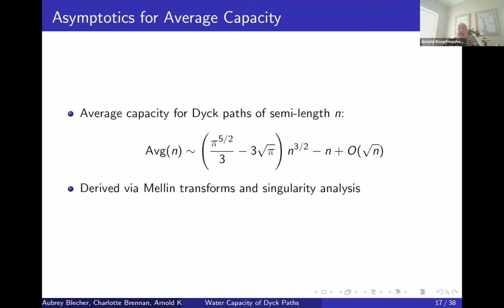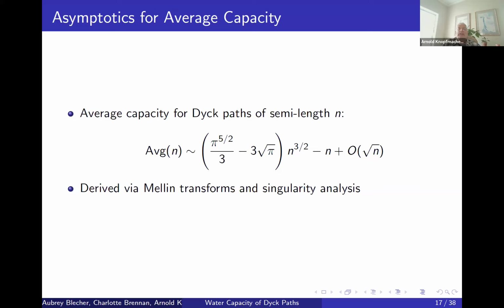So this is the analytic combinatorics part of the problem, which goes back to the main work in this area, which is the analytic combinatorics book written by Flajolet and Sedgewick. And in particular, one uses Mellin transforms for a part of it.